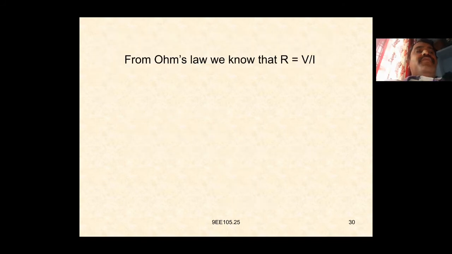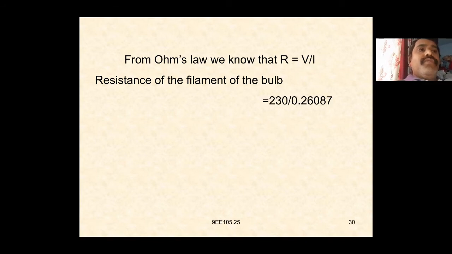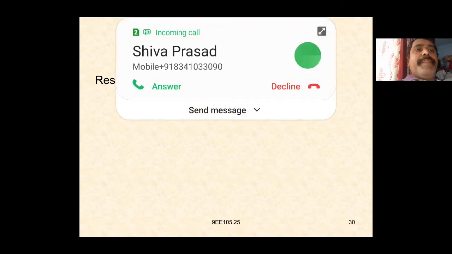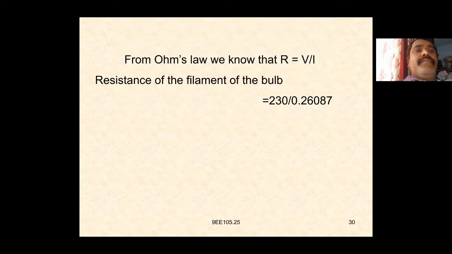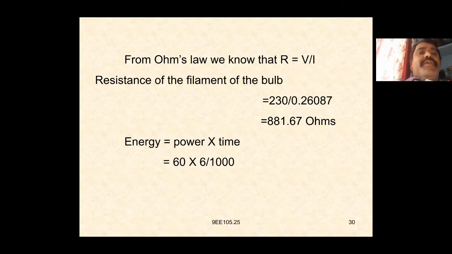From Ohm's law we know that R is equal to V by I, and the resistance of the filament of the bulb is 881.67 ohms. Energy is equal to power into time, which is 60 into 6 by 1000, equal to 0.36 kilowatt hour.